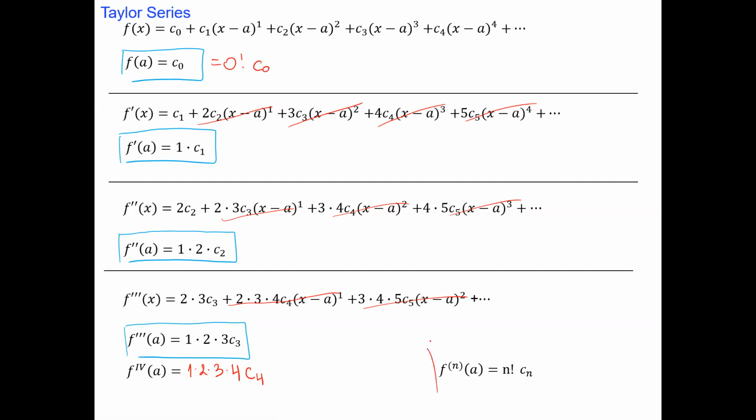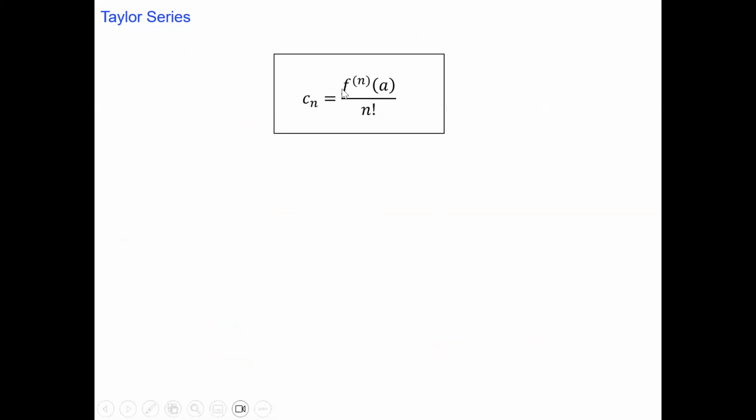Okay, that's what we managed. This is quite an important and famous formula: the nth derivative at a equals n factorial C sub n. If we solve this for C sub n, we get the nth derivative at a over n factorial. That means this beautiful formula can be placed in the general form of the power series.